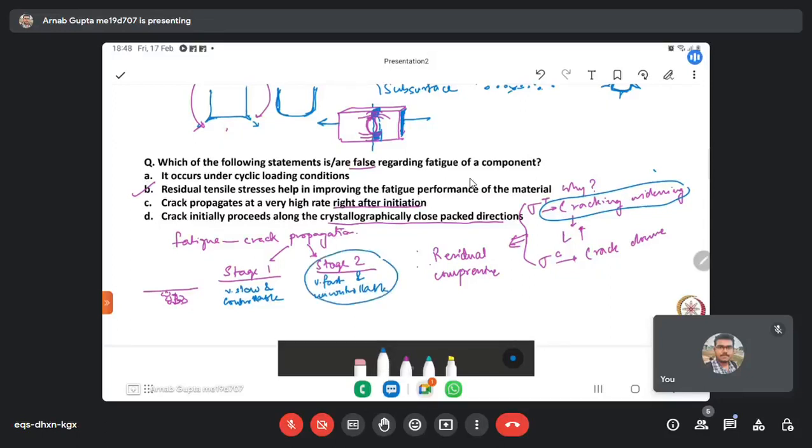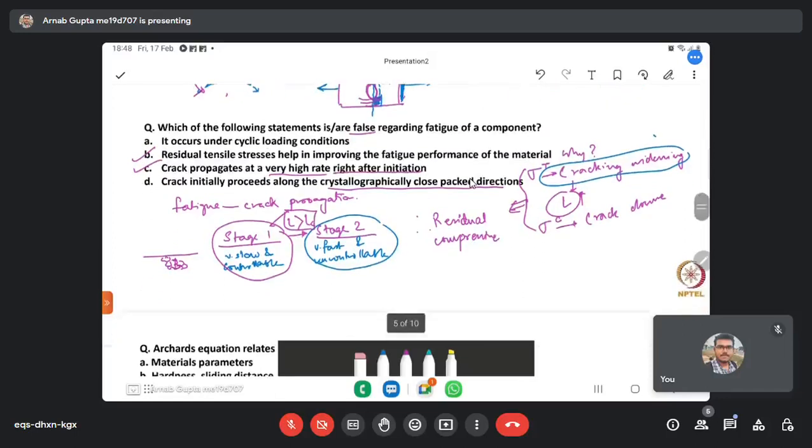You will see stage one, and beyond the critical value of crack length, when L is greater than LC, only then you will see the phenomena of very high rate crack propagation. So this is also a false statement rather.